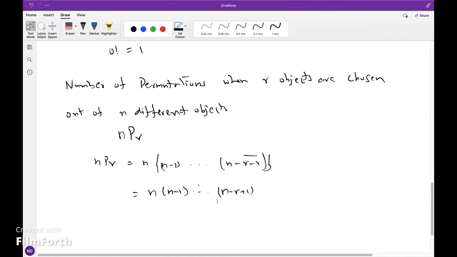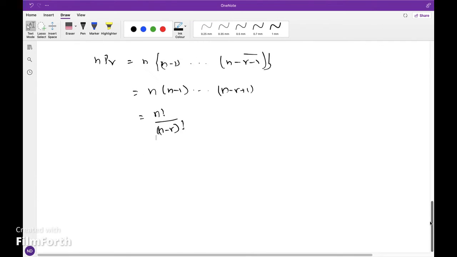Otherwise, we can write n factorial divided by n minus r factorial. So nPn is n factorial divided by n minus n factorial, that is n factorial divided by 0 factorial. So nPn is n factorial.